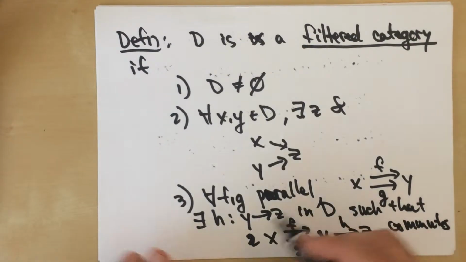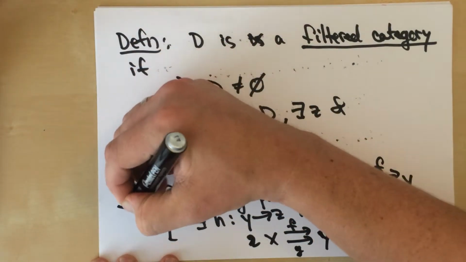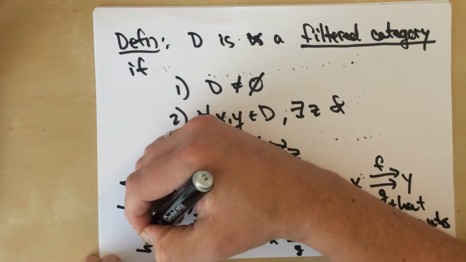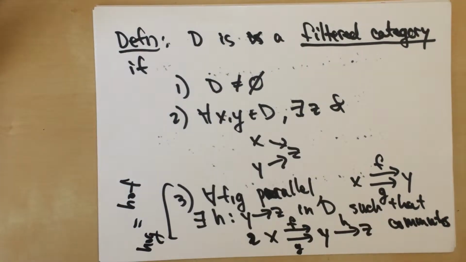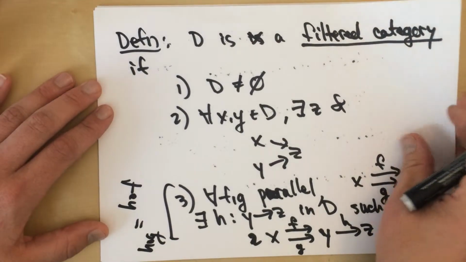In particular, F composed with H is equal to G composed with H. So that's what a filtered category is.